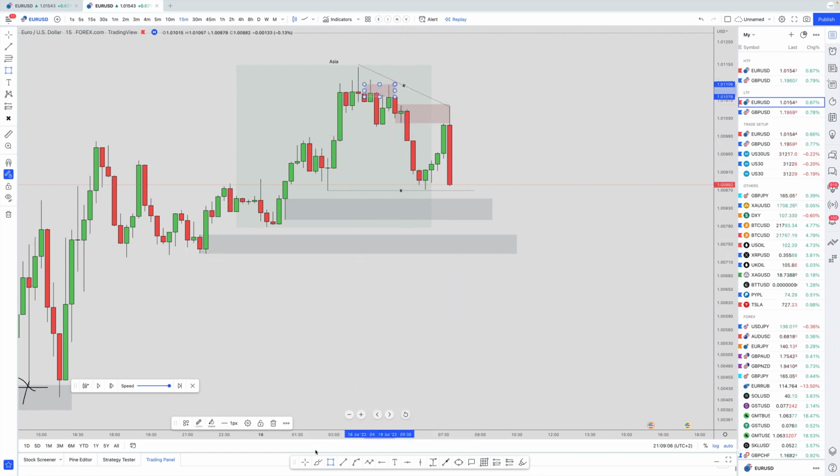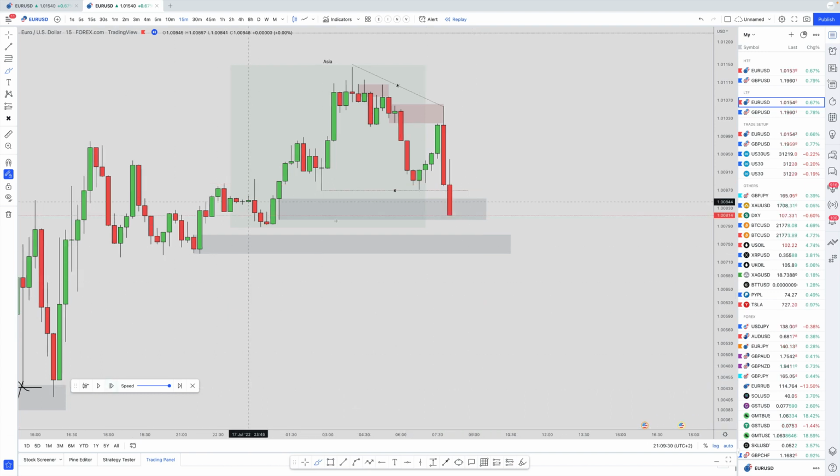So if price will come up higher here, then it will go like crazy to the upside. So the idea was from the start, let's have a look for some bullish options. So I just placed only here my buy limit. That was my buy limit, my alert, which was a problem. I should have been placing also here something and to just wait for price to tap into it.